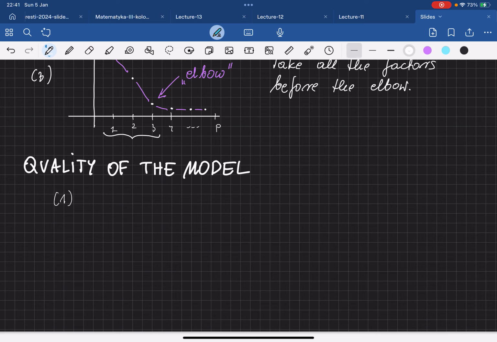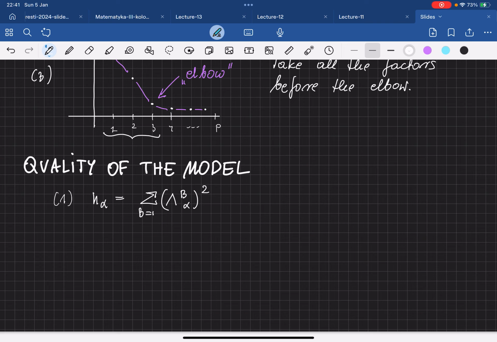First, we can look at communalities. So those numbers H alpha defined before. This was the sum of squared matrix elements from the loading matrix.